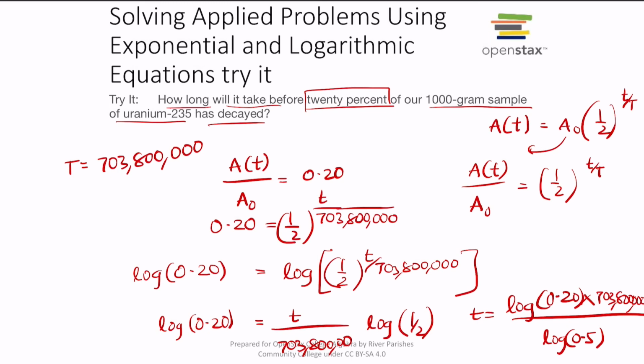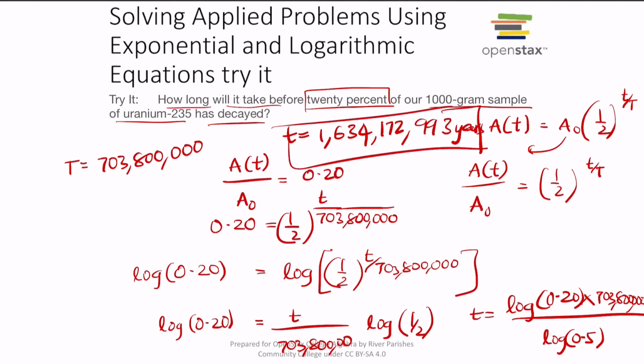So the total time taken is t equals 1,634,172,993 years. So this is the amount of time it takes for a 100 gram sample to become 20% of its original value.